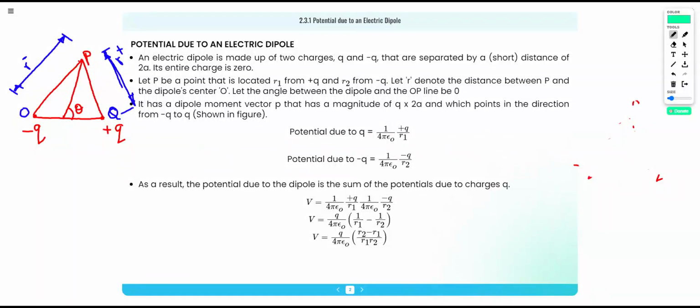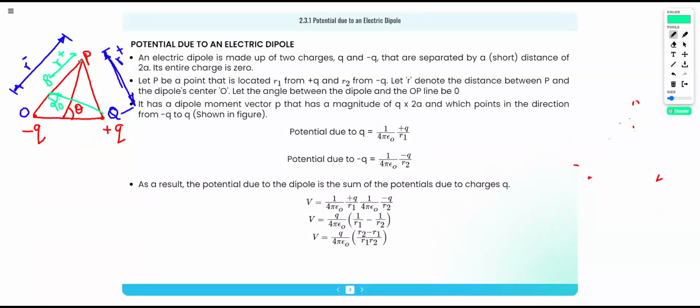Take this distance, which is nothing but your r plus, and mark a perpendicular from here at 90 degrees, and I will name this new point P. The distance between B and P is nothing but this distance only, so I will name it r plus.